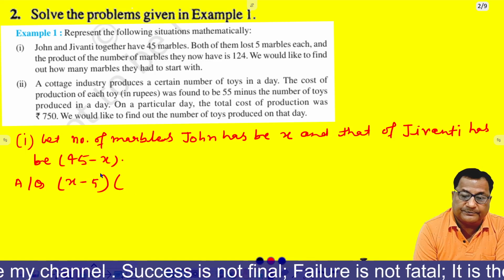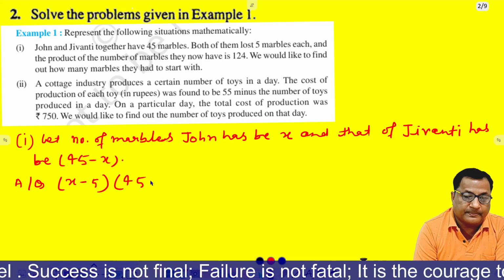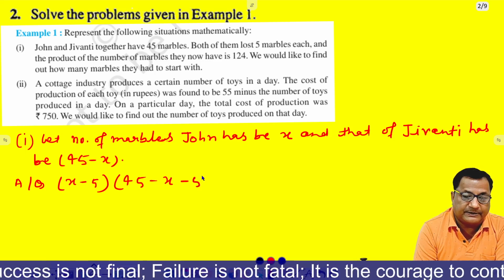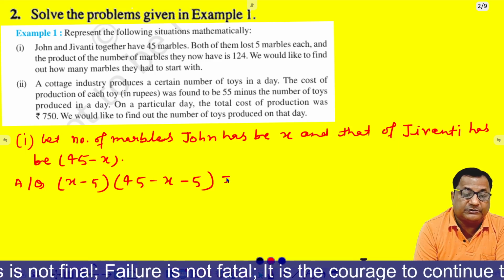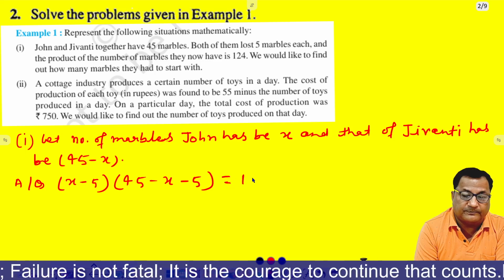And with Jivanti it is 45 minus x minus 5, and the product of this is 124.